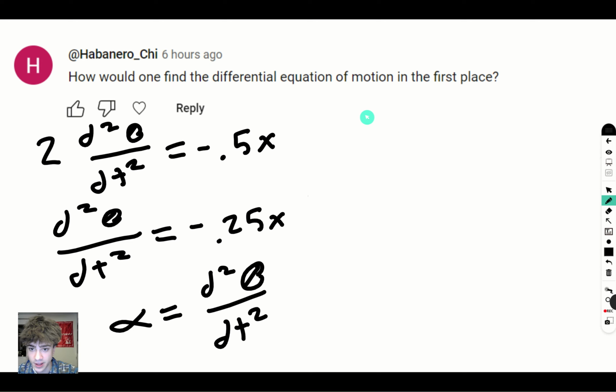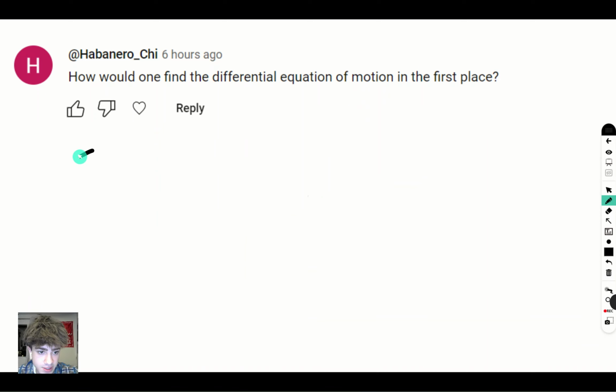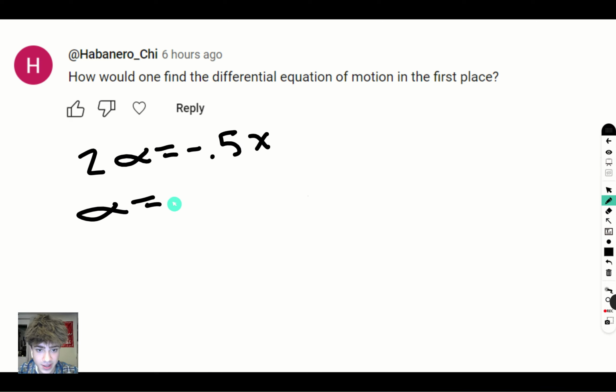We have theta, and when you take the derivative of theta, you're going to get omega, and when you take the derivative of omega, you're going to get alpha. So let's rewrite this problem. It's simply saying 2 alpha equals negative 0.5x. Alpha is negative 0.25x.